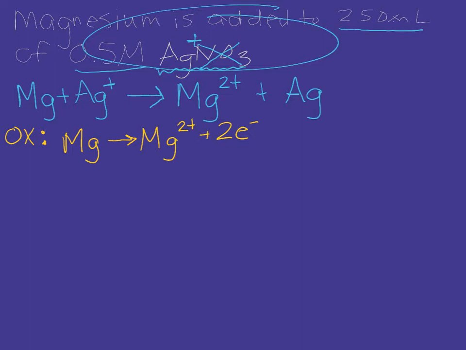On the chart, it's negative 2.37, but because we flipped it over, we're going to make it positive 2.37. Okay, so now we have our oxidation reaction written. Now we're going to do the reduction half reaction.